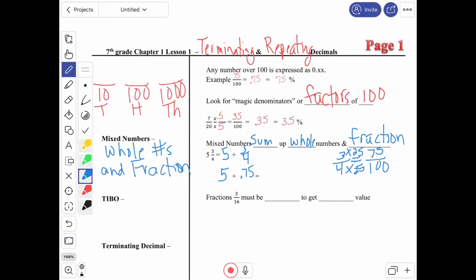So 3/4 is 0.75. Of course, 3/4 is a common one, so I hope that you'll memorize the fractions. So 5 plus 0.75 makes 5.75.